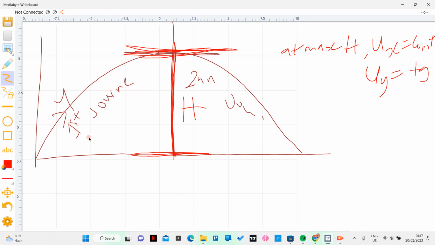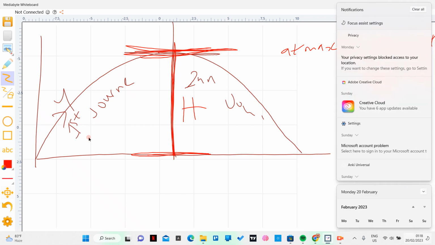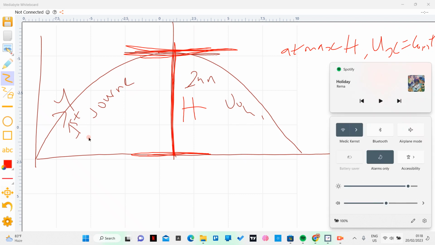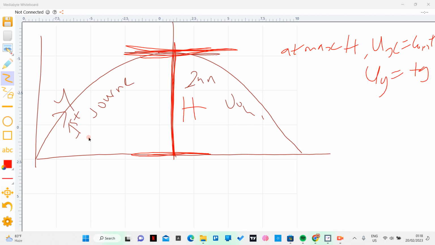It does not become 0 as well. The acceleration is never 0. The only thing that happens to the acceleration is that it just changes.